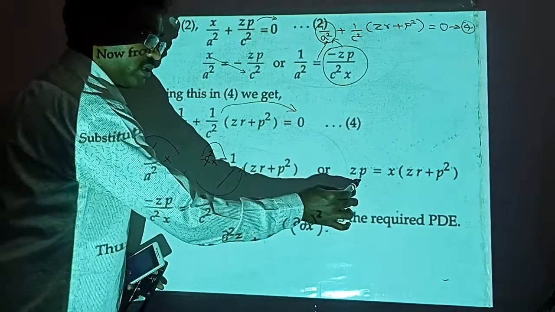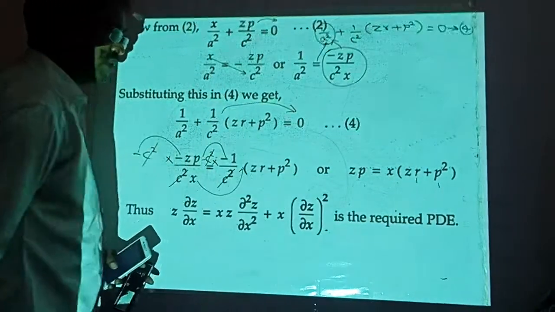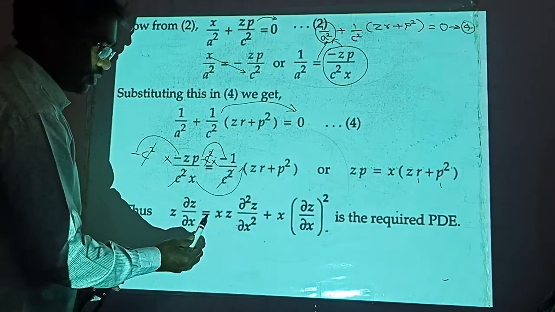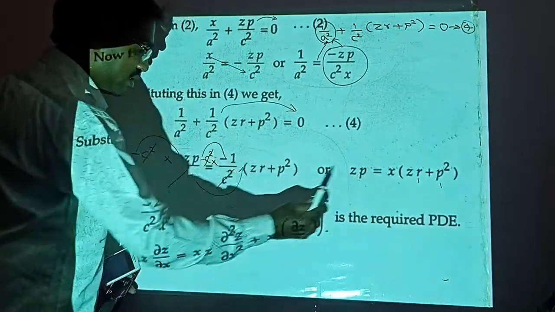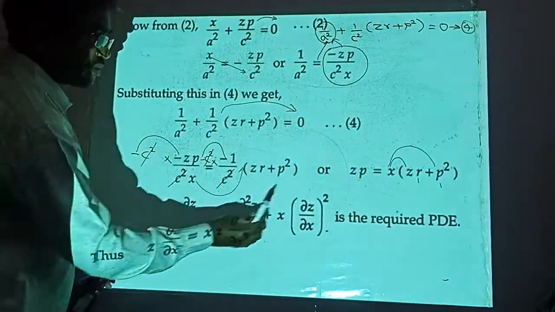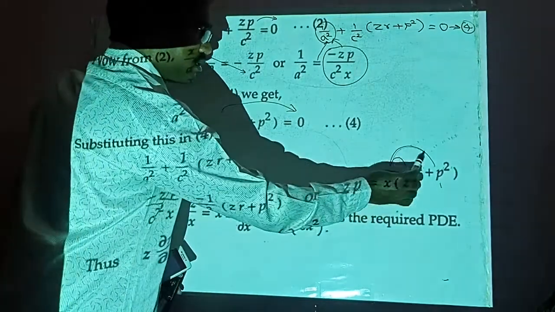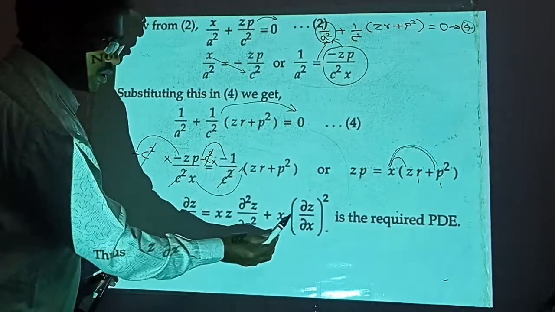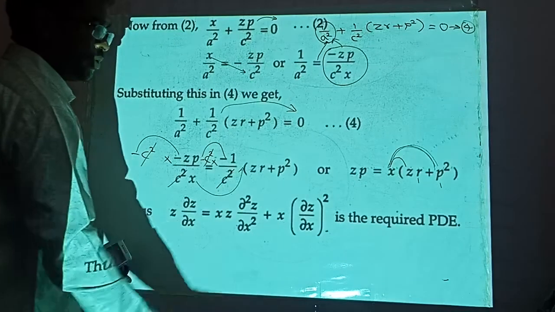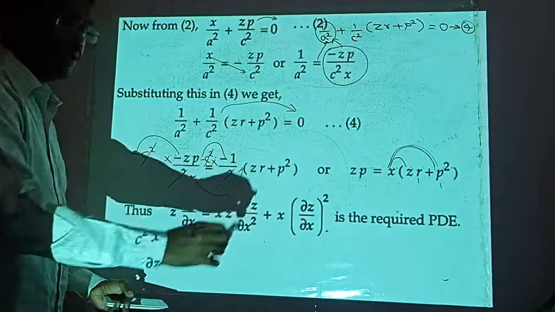Now let us replace what is p, what is r, and what is p square here. z, p is dou z by dou x, so xz, I have multiplied x inside. xz r is dou square z by dou x square plus x into dou z by dou x whole square, because in the place of p we have put dou z by dou x. So this is the required PDE by eliminating arbitrary constants.